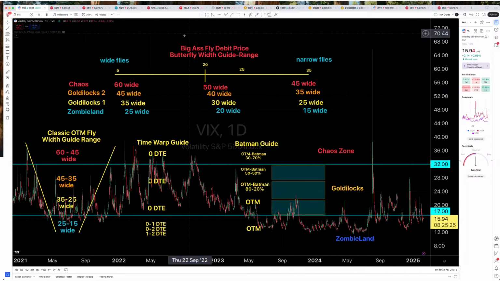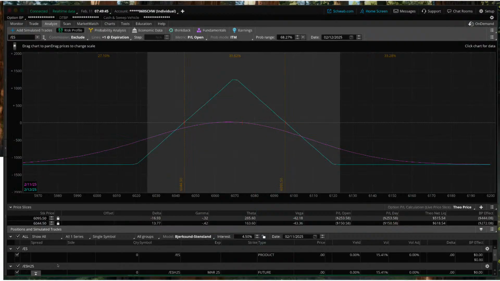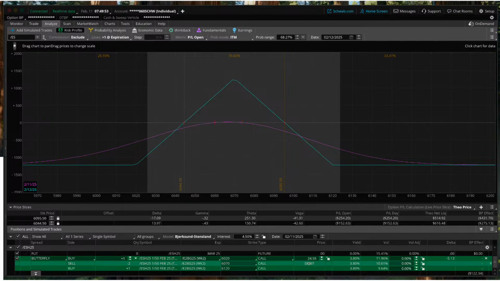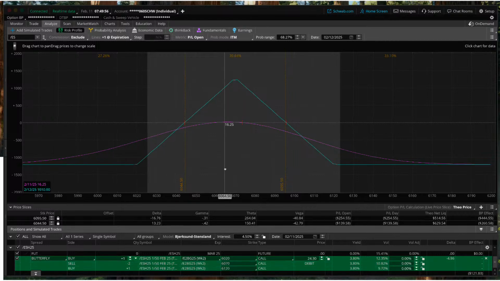But anyways, let's take a look at the big ass fly to find out exactly where on this range of widths we're going to be looking at. To do that, we need to go to our Thinkorswim. And here's our big ass fly. We can see that it is currently priced at $24.55.